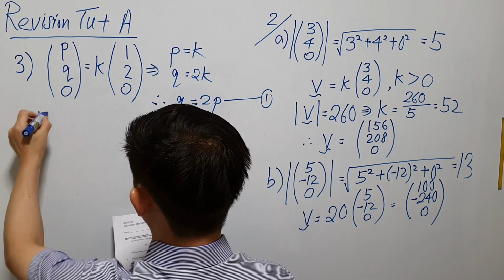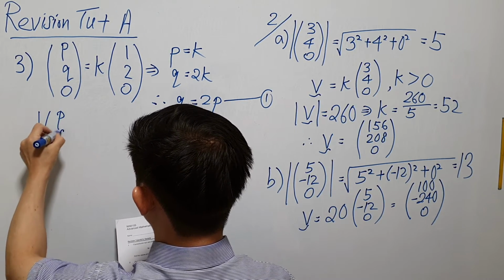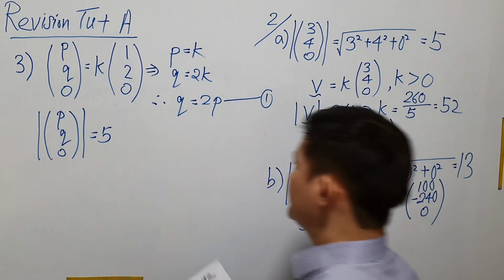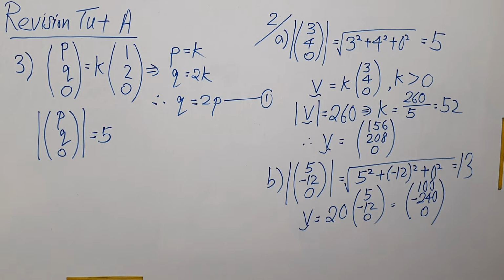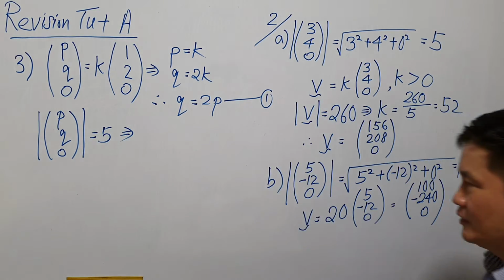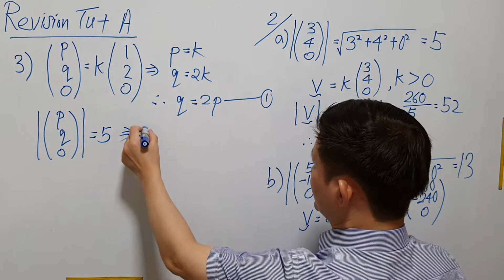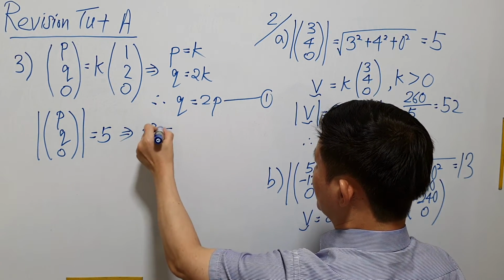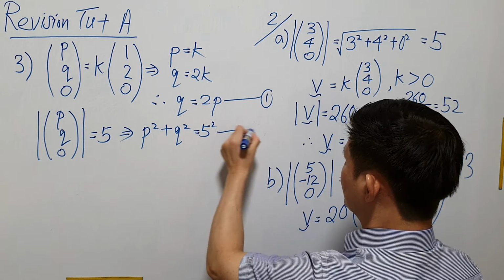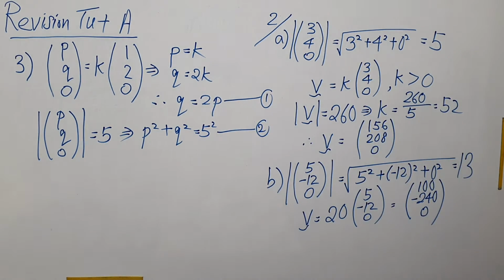So you can form a second equation using what you've understood about magnitude. You can say that p square plus q square is equal to 5 square. Then you can solve them simultaneously.